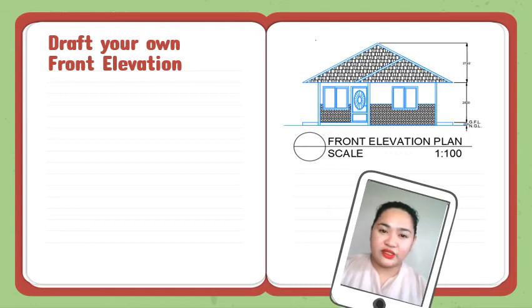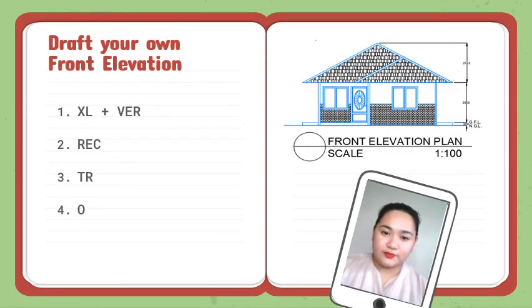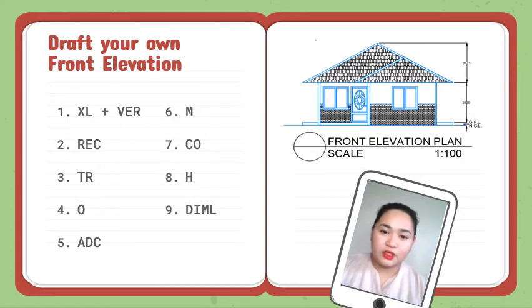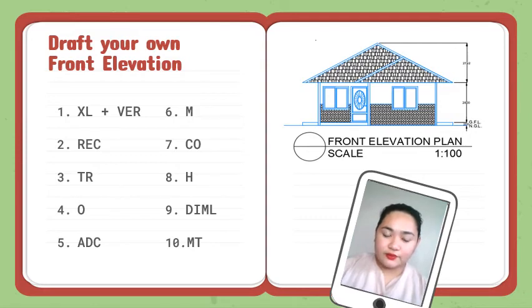Draft your own front elevation by using these commands. XL plus VER is for vertical extension lines. REC is for rectangle. TR is for trim. O is for offset.